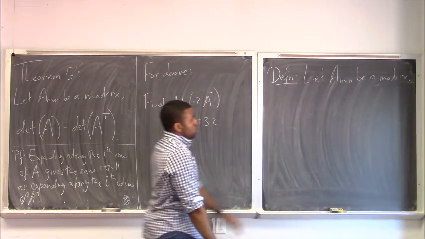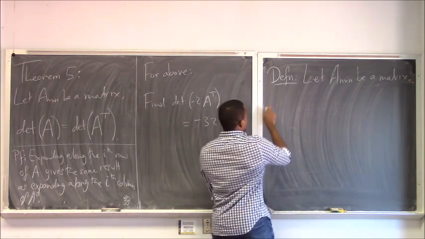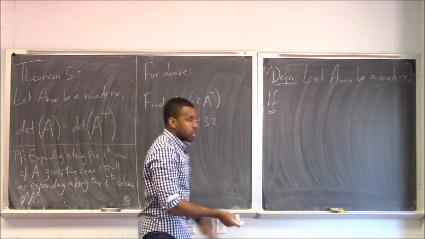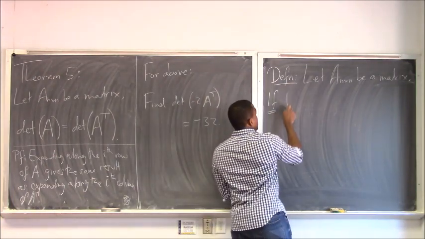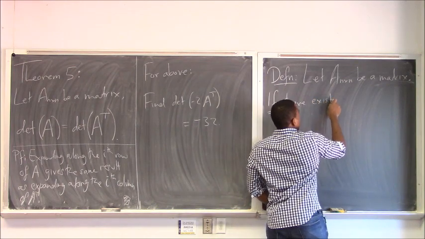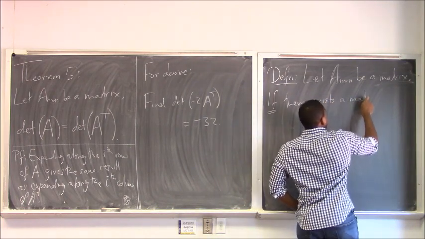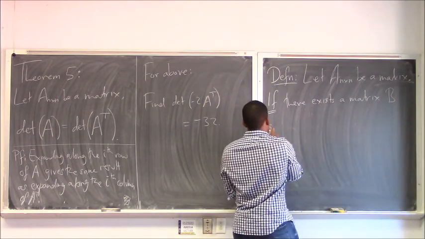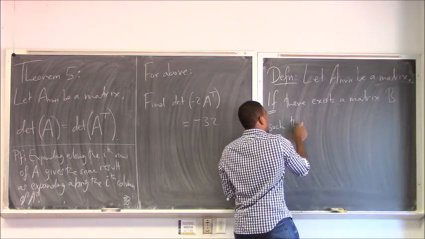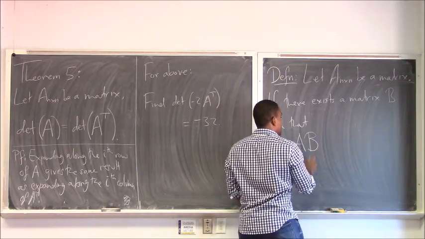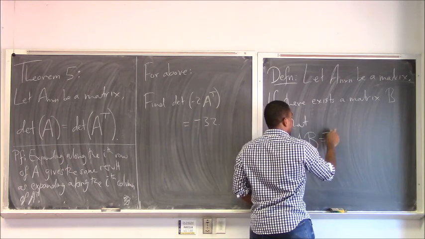So let's say we have a square matrix. If, and this is a big if, meaning it might not exist, there exists a matrix B such that if I take A and multiply by B, I get the identity.